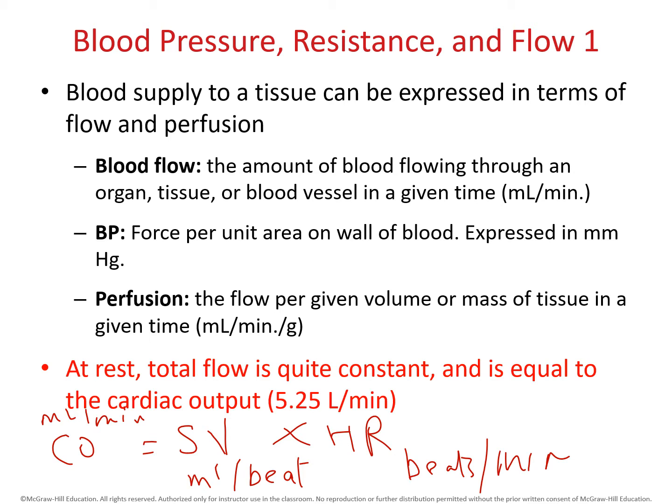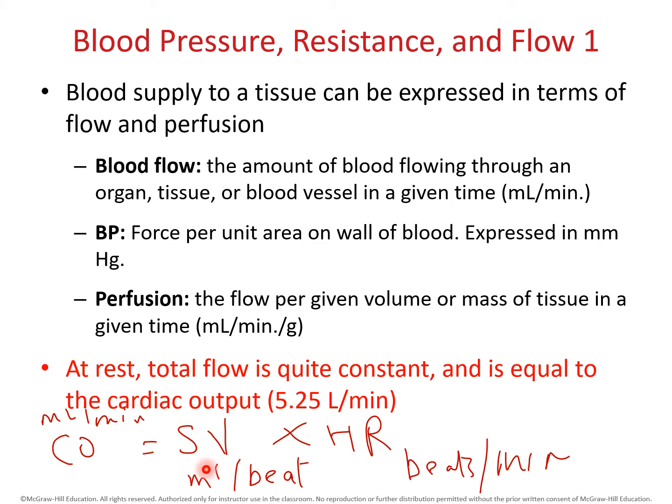Cardiac output basically tells us how much blood the heart is pumping, right? So at rest, the total flow of the blood is equal to the cardiac output, which is about 5.25 liters per minute, or about 5,000 milliliters per minute. Okay.